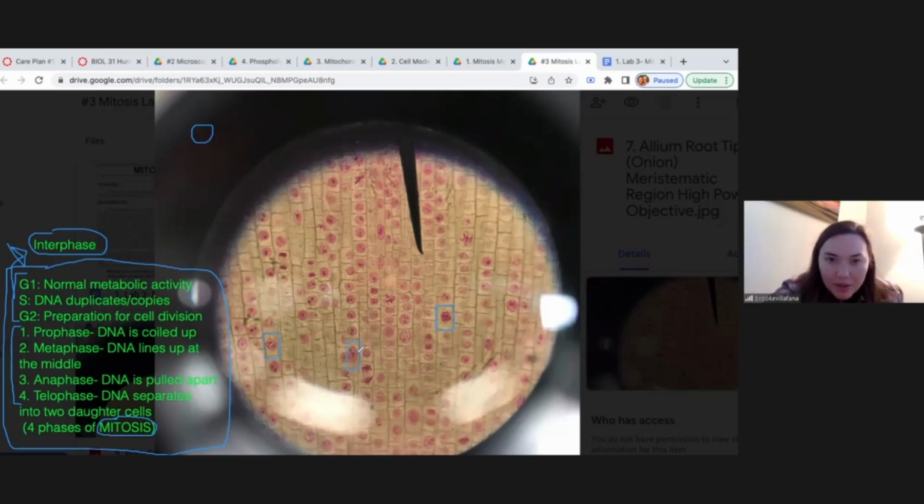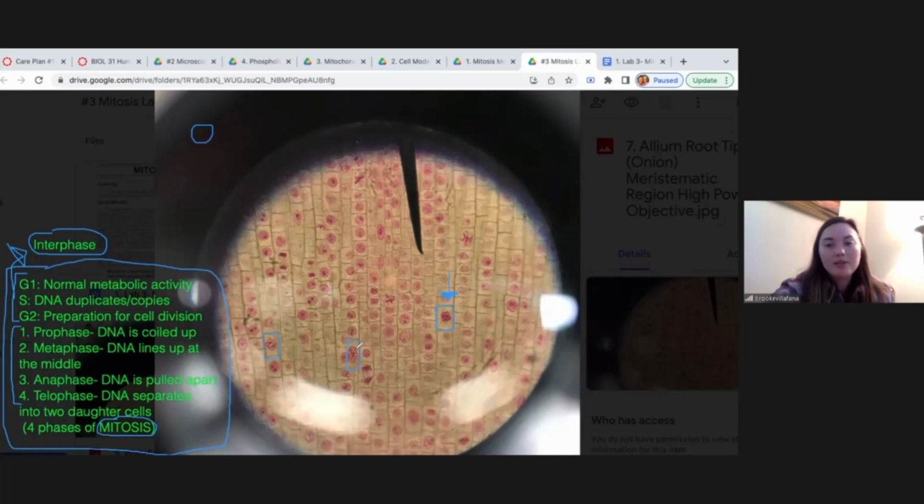Okay, so there's another prophase. And those would be the 3 that I would say are prophase. If you guys are talking about your exam, we're going to make it very clear. The best example right here is this one. This is the best example of prophase.